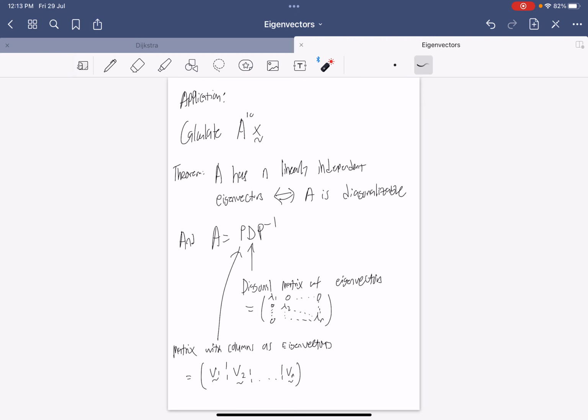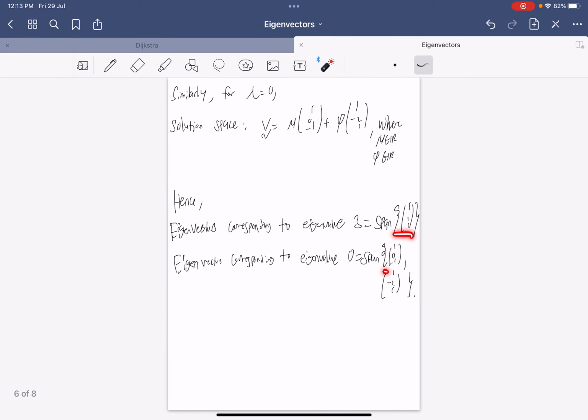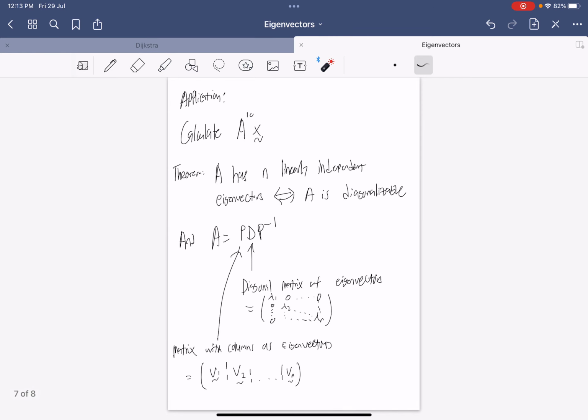But there is this theorem that we're not going to prove, that if A has n linearly independent eigenvectors, which like you've seen in our previous case for the (1,1,1), there are 3 linearly independent vectors, it means that A is diagonalizable.